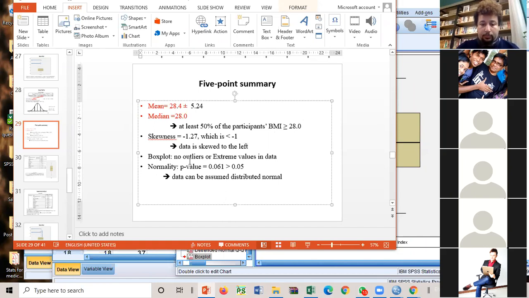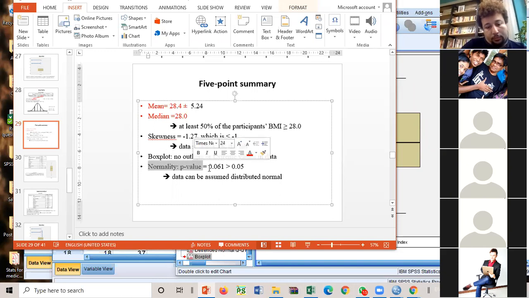In the box plot, what did you see? No outliers and no extreme values. That's normality. No, not normal. What's the p-value? 0.02. Is it less than or more than 0.05?